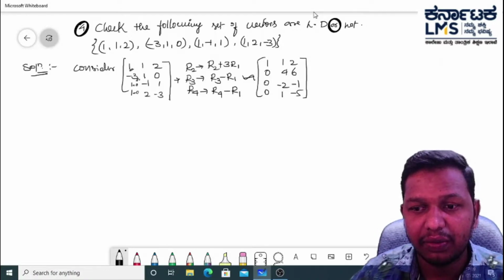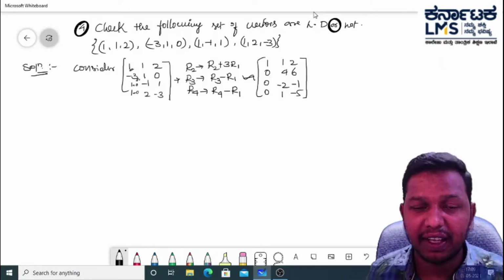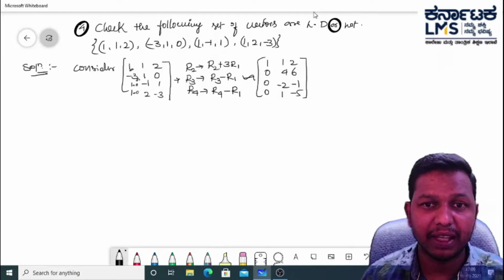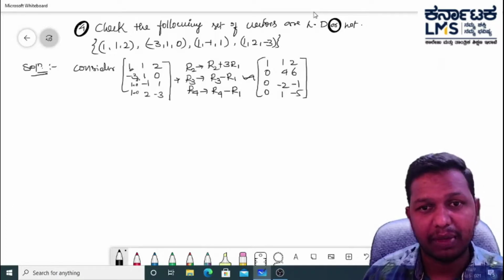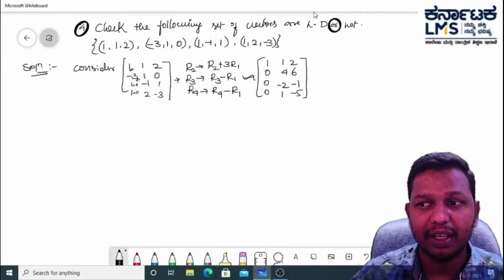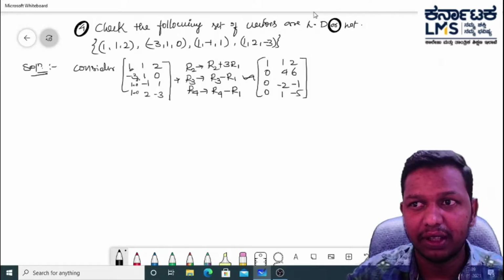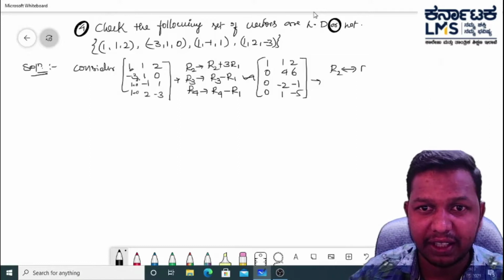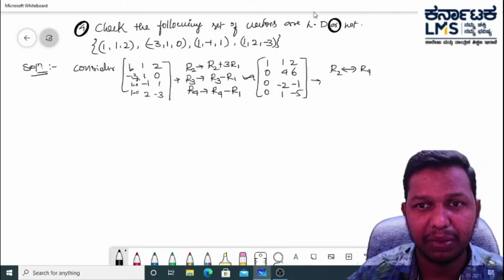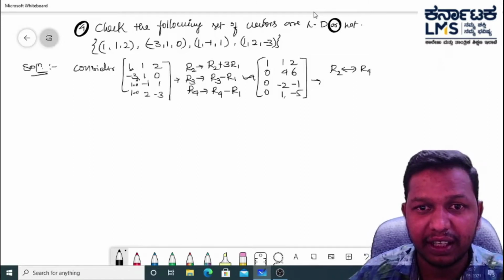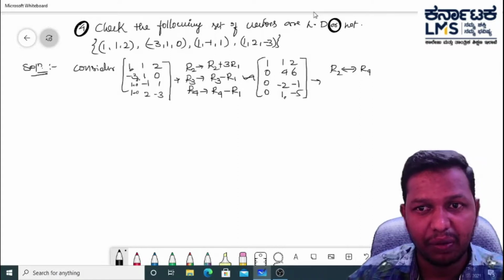Next we have to make the leading term in the second row 1. But here we have 4 as the leading term. Therefore, I interchange R2 with R4 because the R4 leading term is already 1.